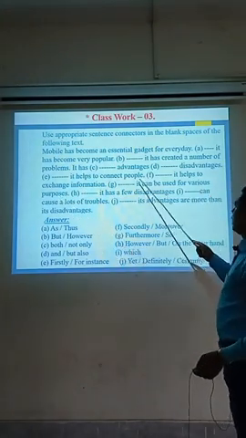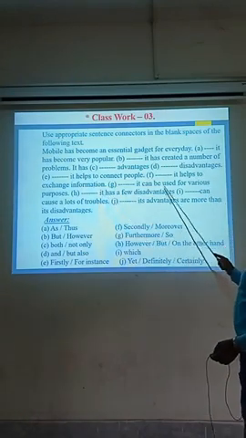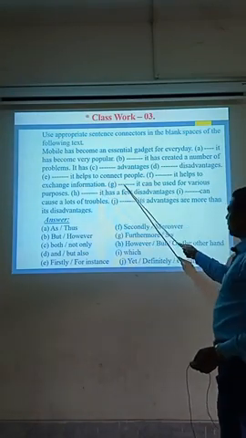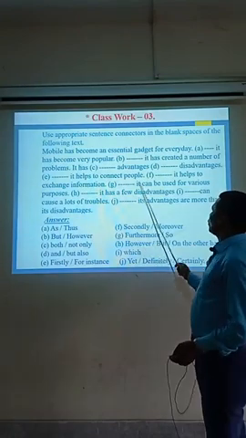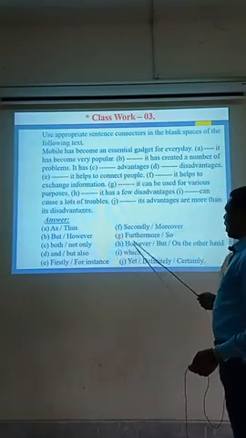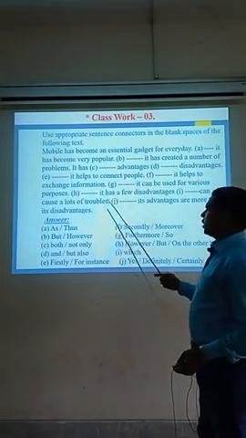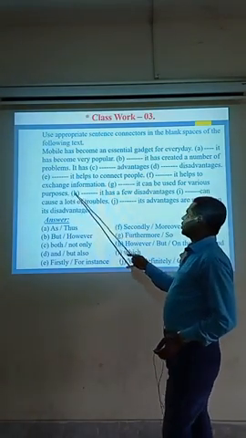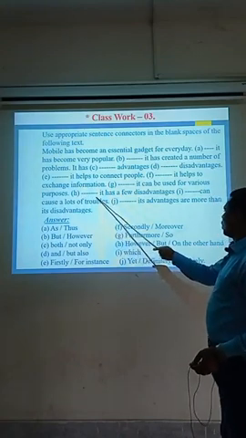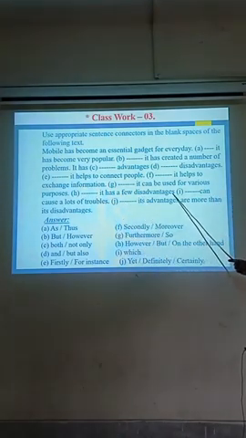Okay? Then you can see it helps to exchange information. Number G, furthermore or also, it can be used for various purposes. H, however, but, or on the other hand, there are three alternatives. You can use any one of these alternatives. So H, however or but or on the other hand, it has a few disadvantages.